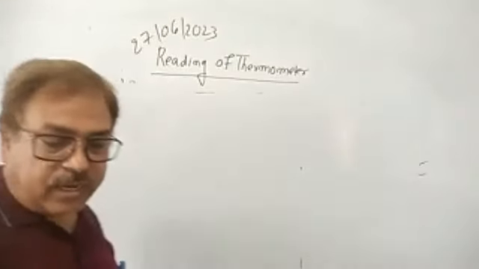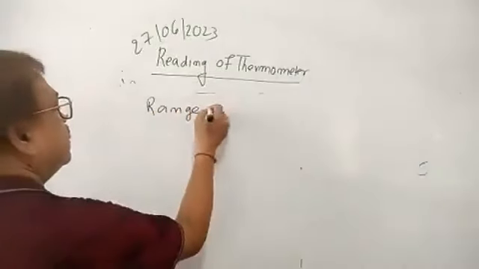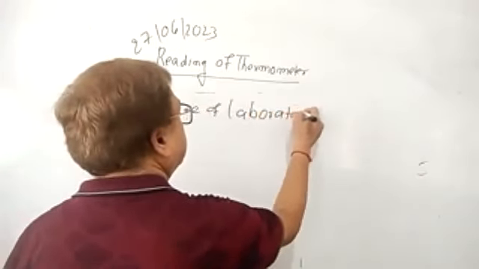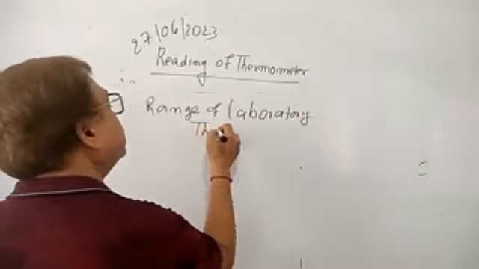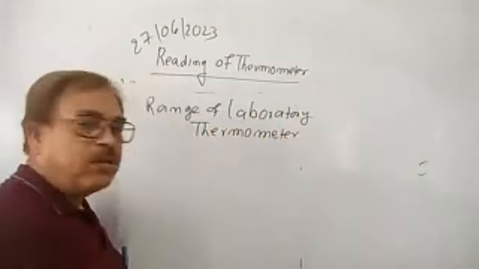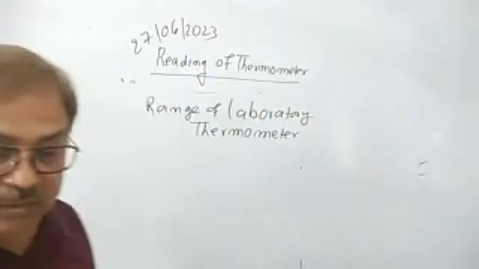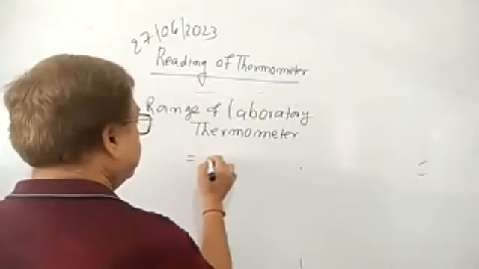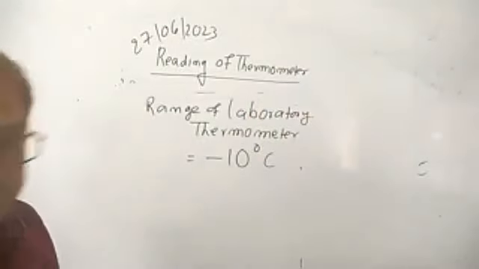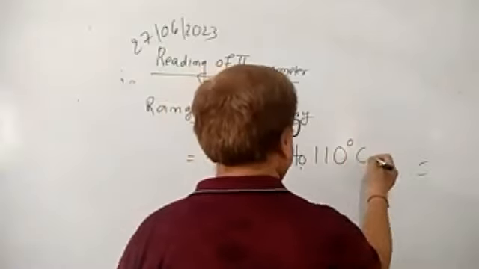The range of the laboratory thermometer can be written here: minus 10 degrees Celsius to 110 degrees Celsius.